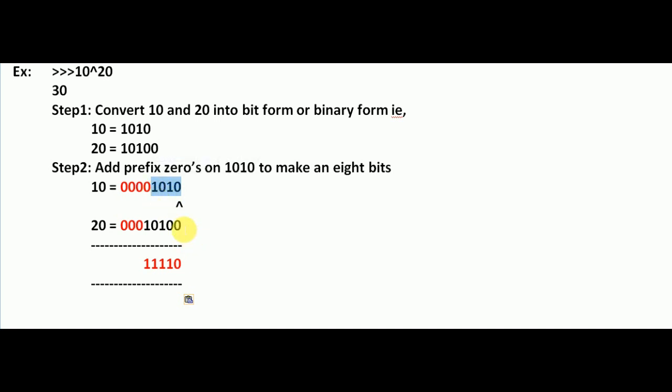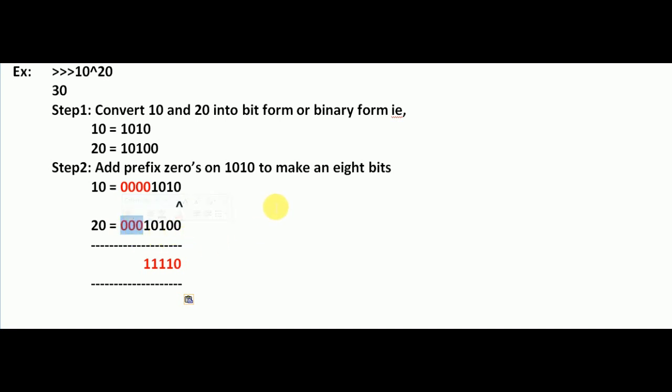Then the same will be done for the decimal number 20. Here we have 5 bits, so we add 3 bits.